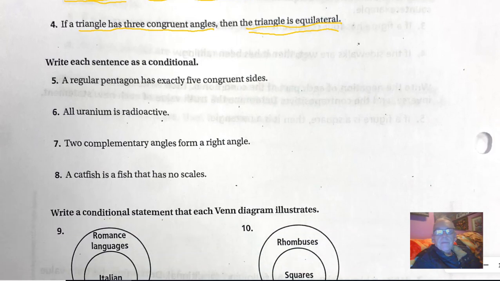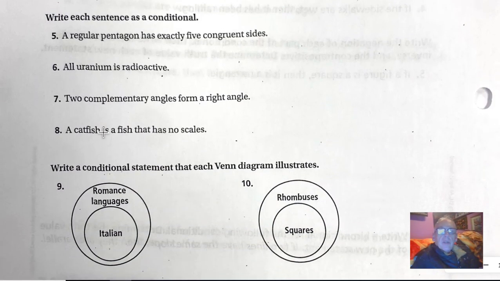Let's move on. Write each sentence as a conditional. A regular pentagon has exactly 5 congruent sides. So we could say if a pentagon is regular, the definition of regular means all congruent sides, then it has 5 congruent sides.